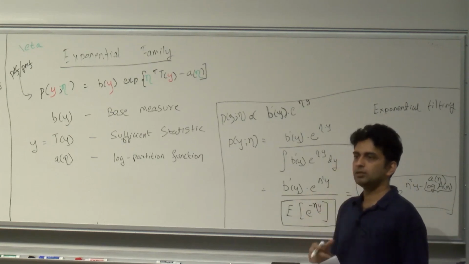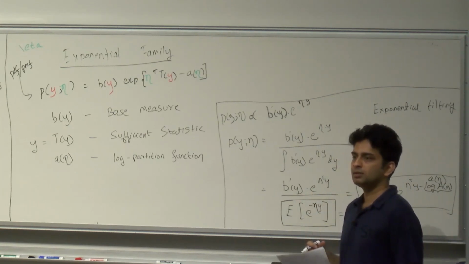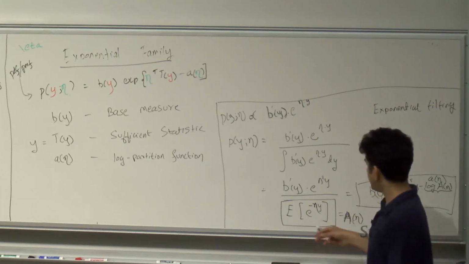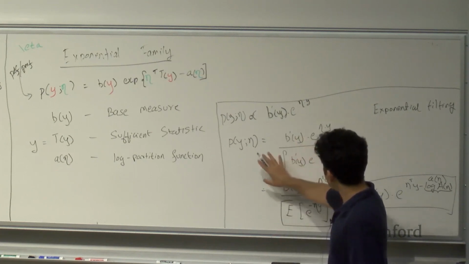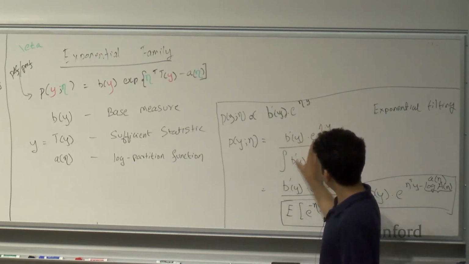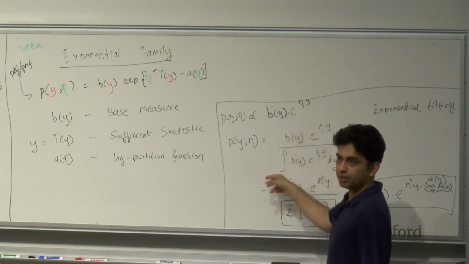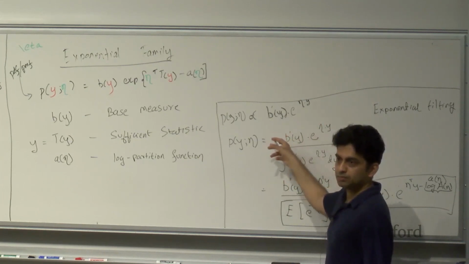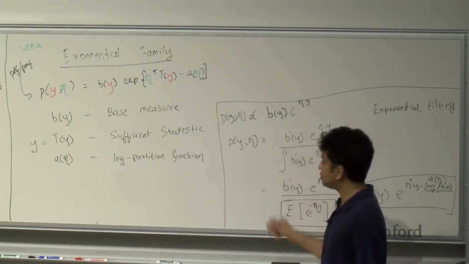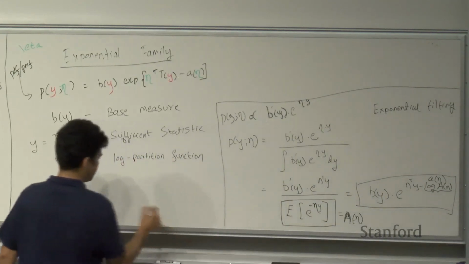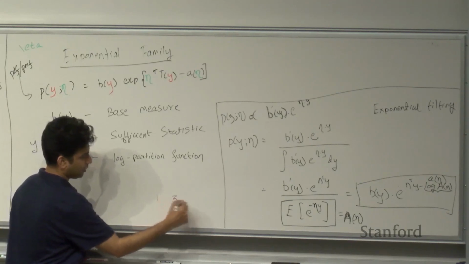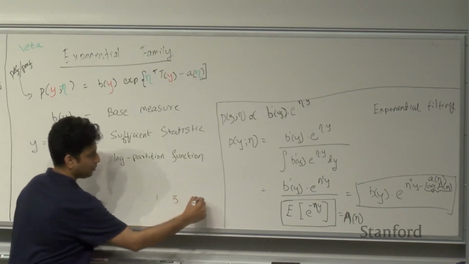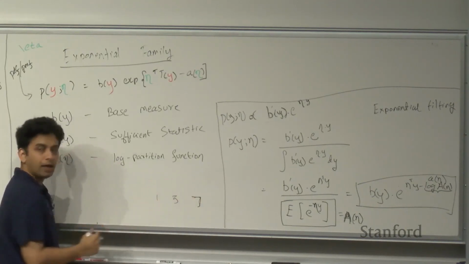This question? So why are we dividing by the expected value? Oh, so the question is, why are we dividing by the expectation? We divided by the integral of the numerator with respect to y, which will make it normalized to 1. Think of it as, you have a set of numbers 1, 5, 7, and you want to maintain their ratios but still make them add up to 1.